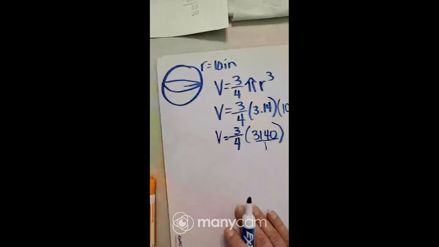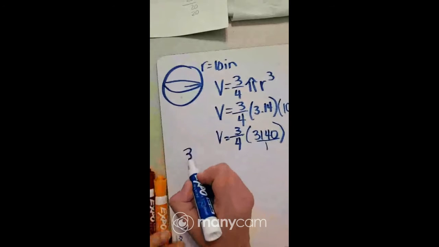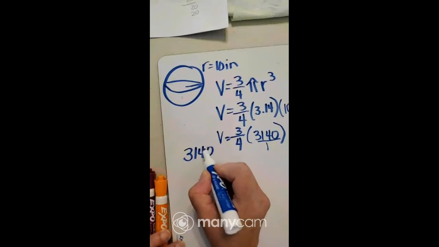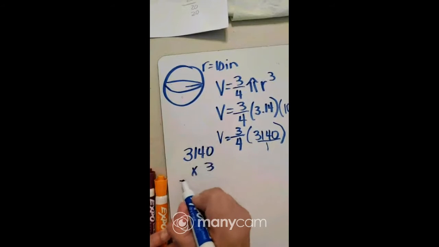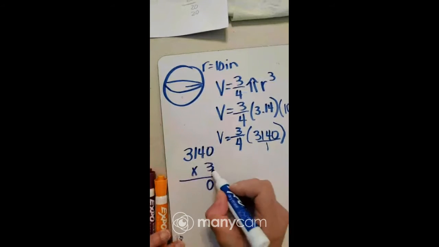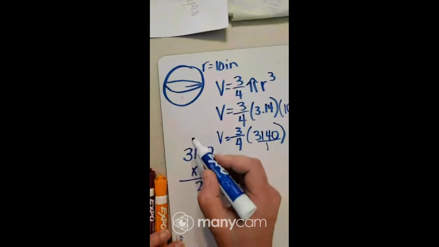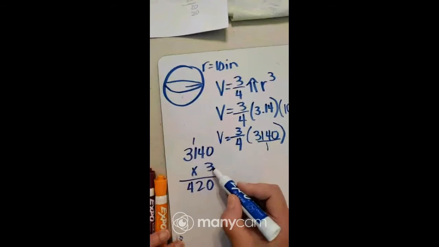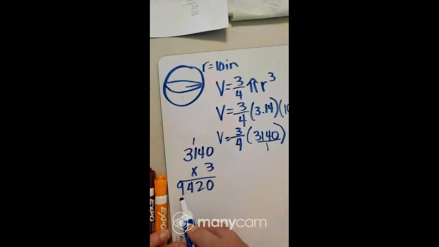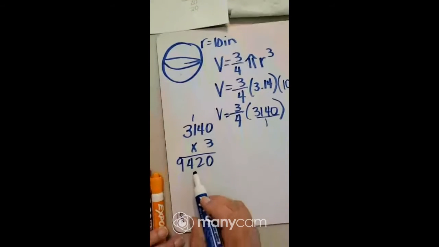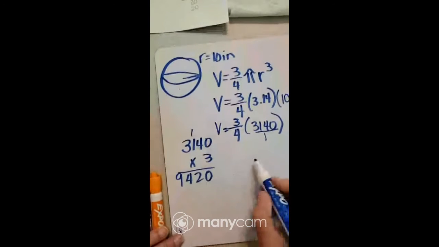So let's just go ahead and do that. 3,140 times 3. 3 times 0, 3 times 4 is 12. 3 times 3 is 9, plus 1. 3 times 3 is 9. So now I have 9,420, and I need to divide that by 4.